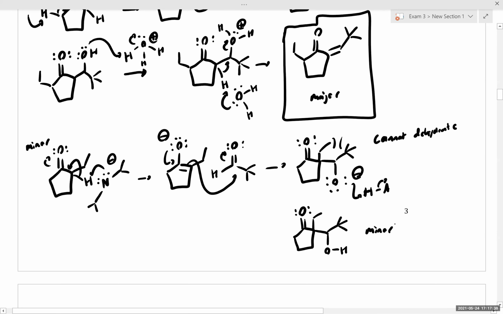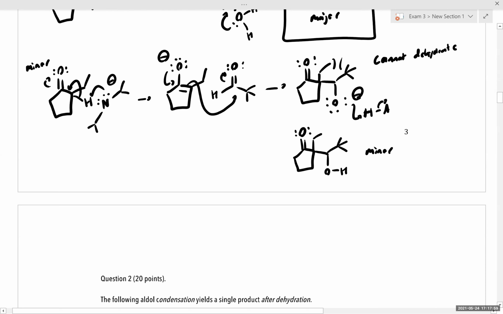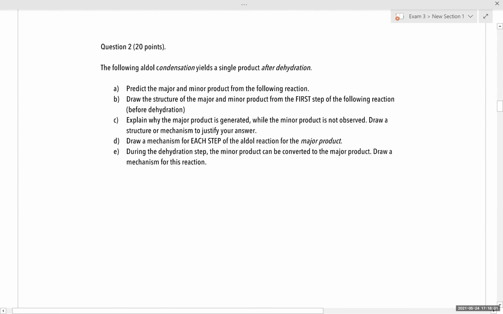And because you see this equilibration, you can end up with funneling towards the major beta hydroxyketone product and even funneling to the major dehydration product during the dehydration step. And that's why I had you draw out the mechanism to show how this minor product converts to the major dehydration product. So let's show that now.